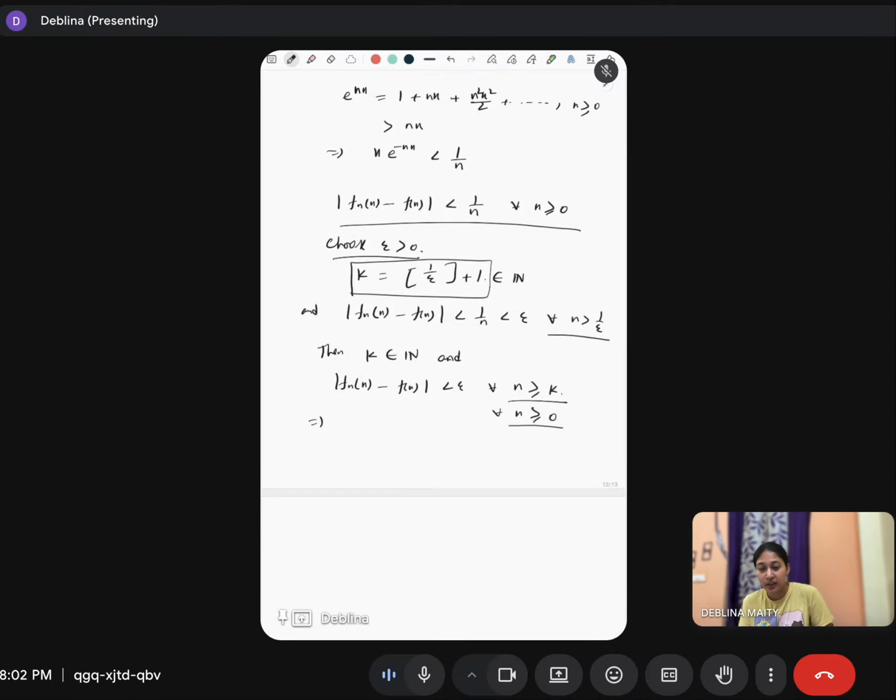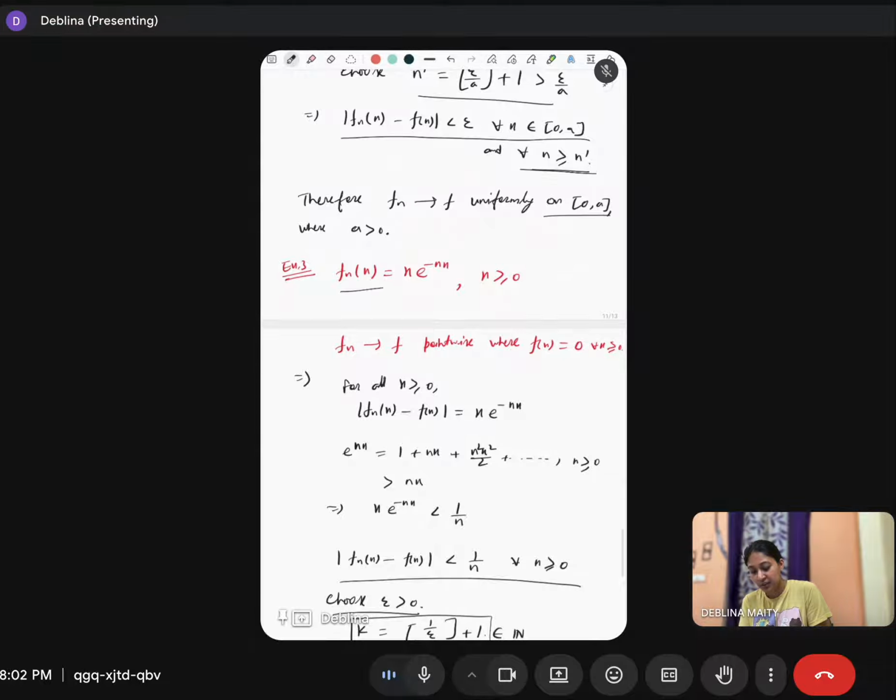And k does not depend upon x. So this implies fn converges to f uniformly, right?